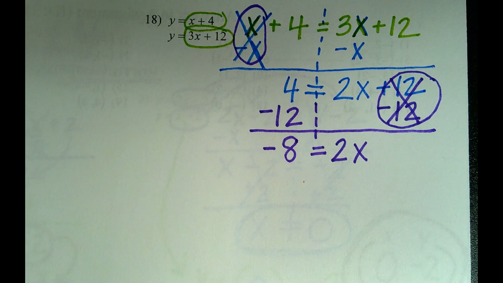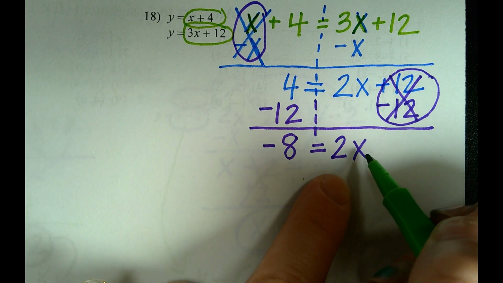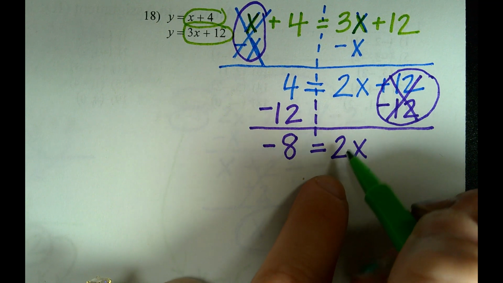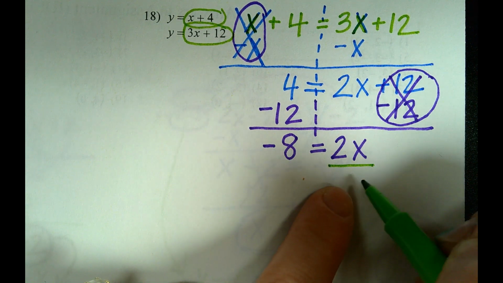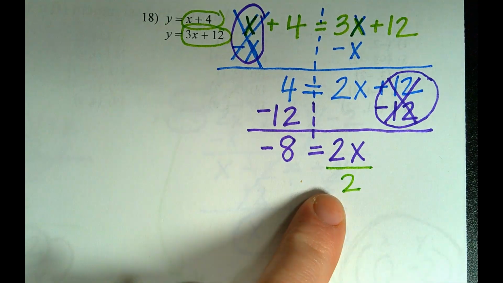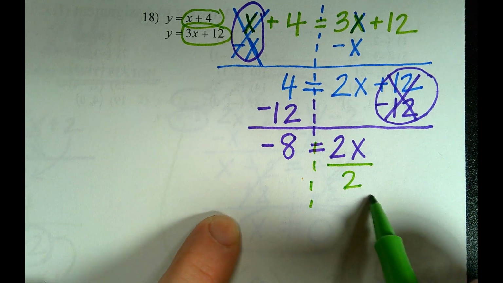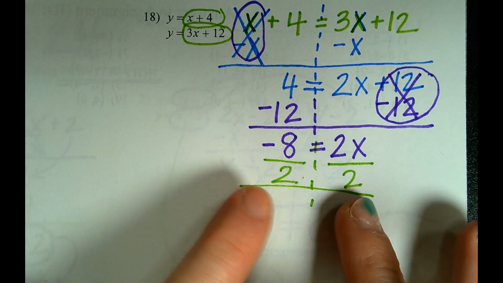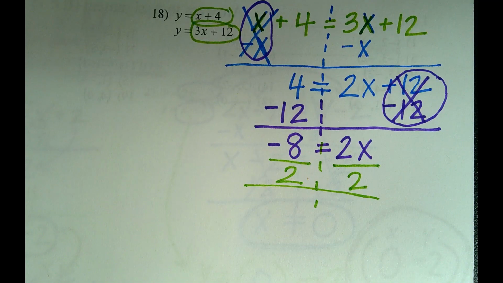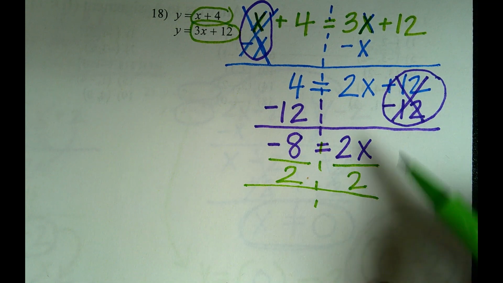What's the last thing I need to do? Divide. Since I have x over here and it's being multiplied by 2, if I want to get rid of that times 2, I need to do the opposite of multiply. I need to divide by 2. And remember again, if I do something on one side of the equation, I have to do it to the other to keep them balanced. So, what happens at this step?